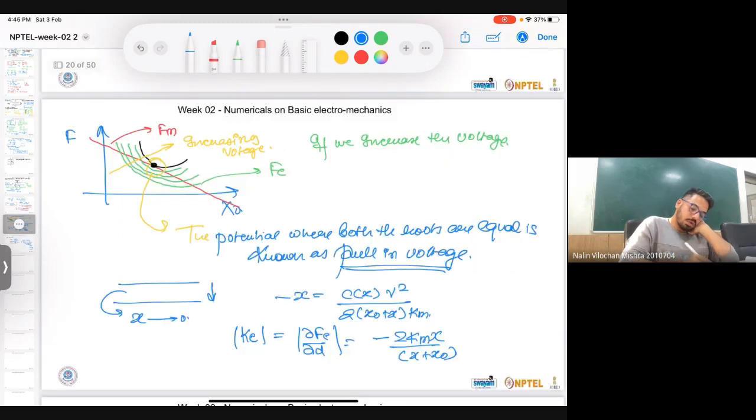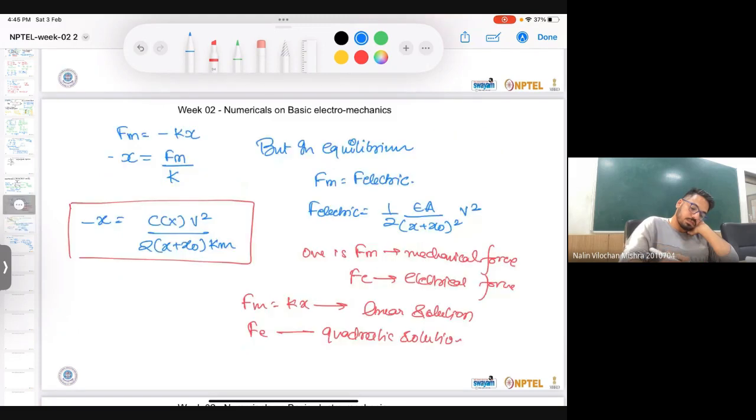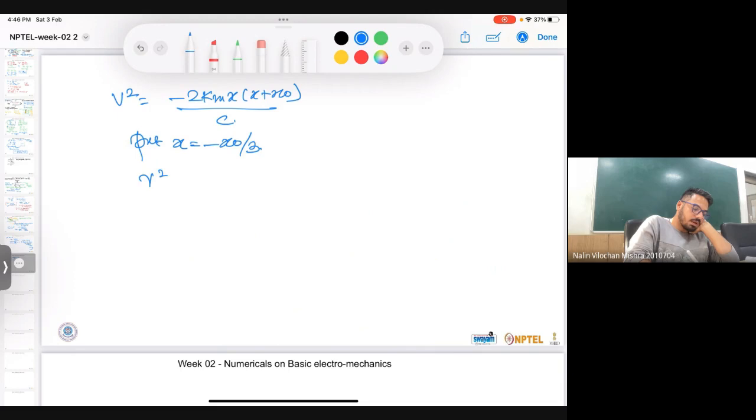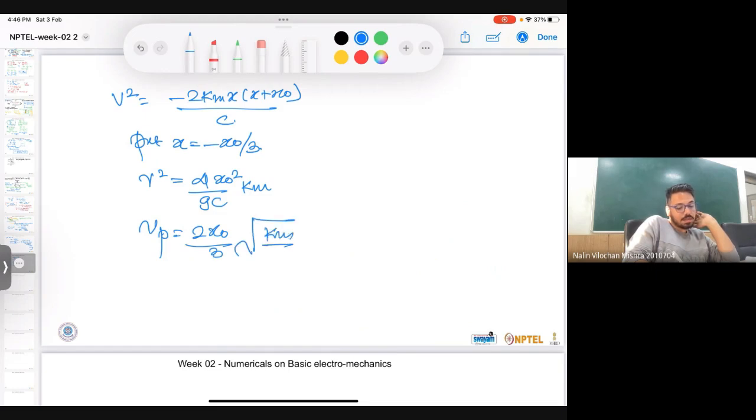So using this formula, we can write V squared as minus 2 Km (x plus x naught) by C, and put x equal to minus x naught by 3. So V squared will be 4x naught squared Km by 9C, and pull-in voltage can be written as 2x naught by 3 under root Km by C.